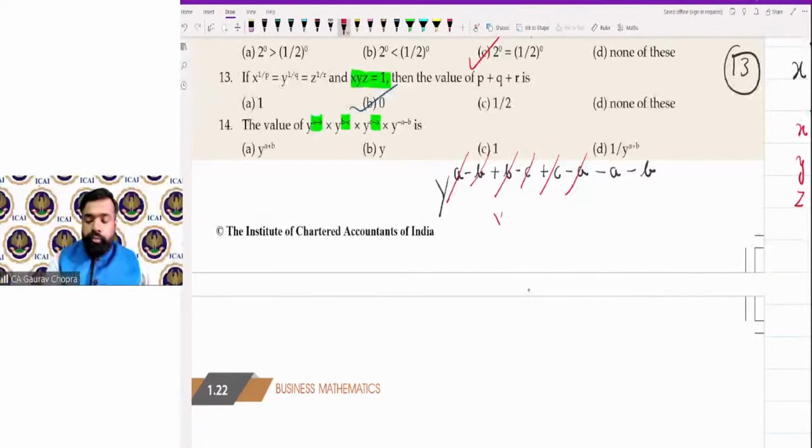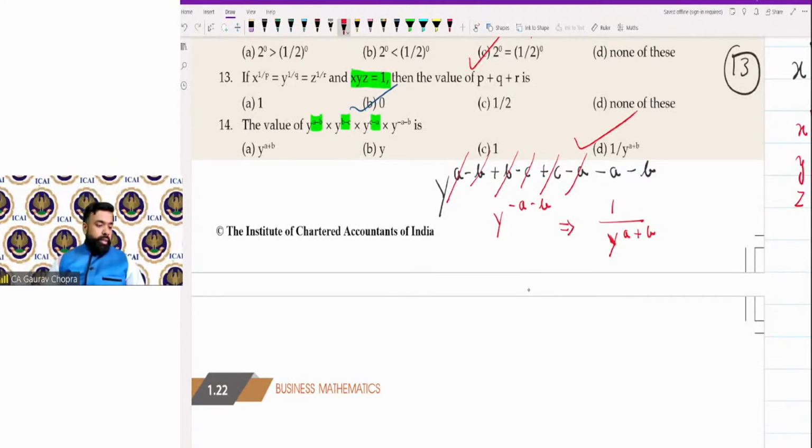So we are left with y to the power of minus a and minus b. Now it can also be written in positive form, but उसके लिए y को ले जाना पड़ेगा हमें डिनोमिनेटर में. So 1 upon y to the power of a plus b. Correct is option number D.